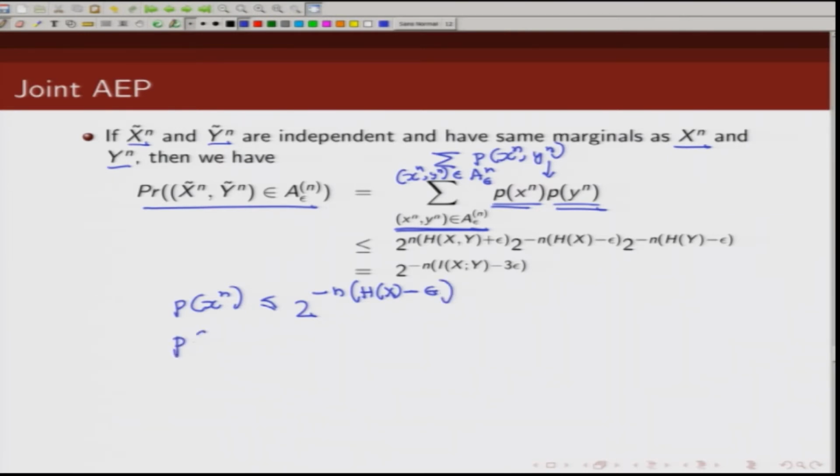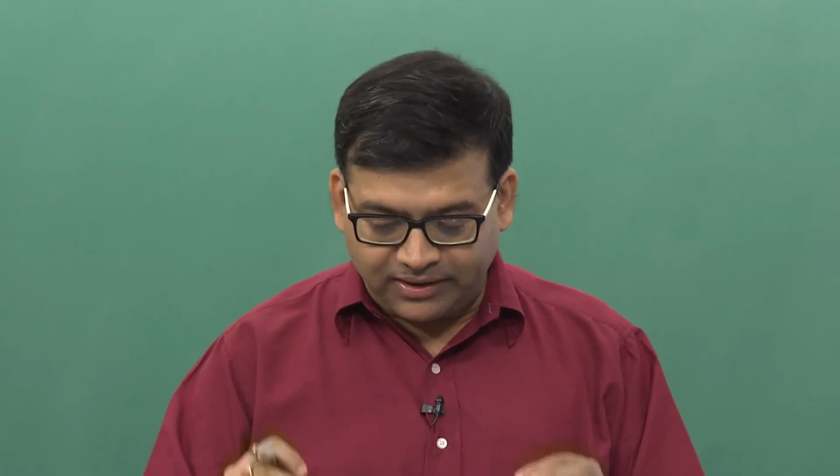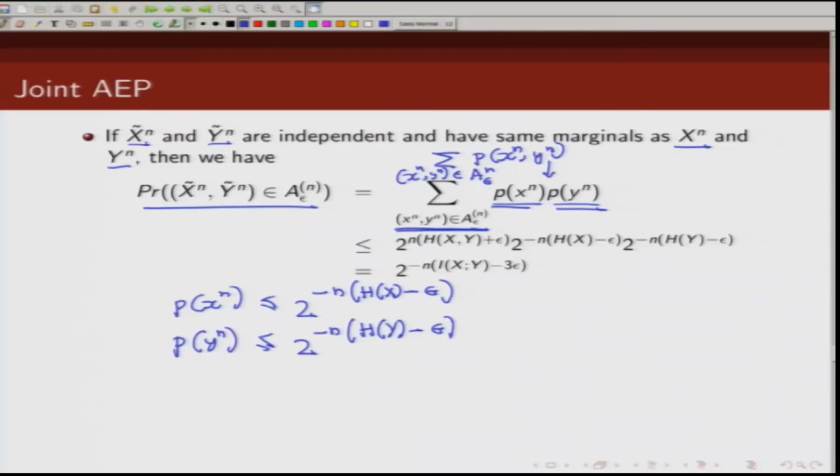We know that p of y^n is less than or equal to 2 raised to the power minus n (h of y minus epsilon). Again, these follow from the properties of the jointly typical set. And we know that the number of elements in here is upper bounded by 2 raised to the power n (h of xy plus epsilon), right?